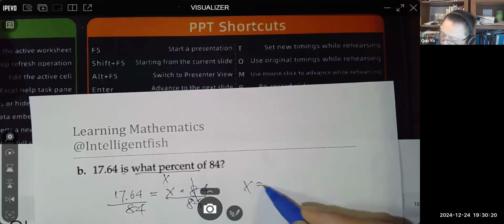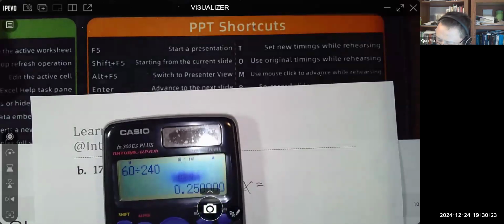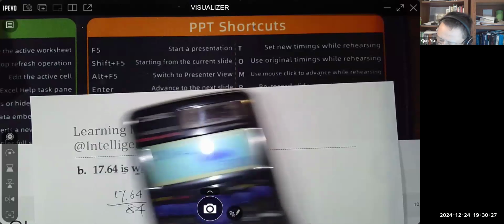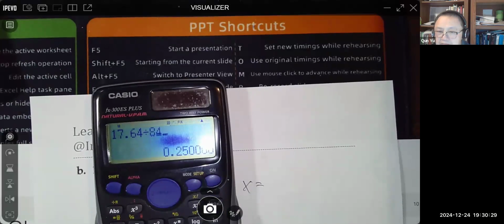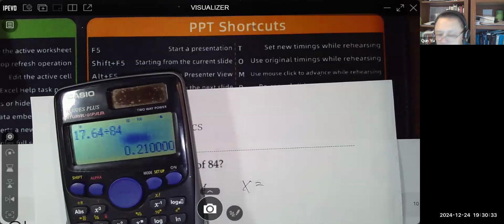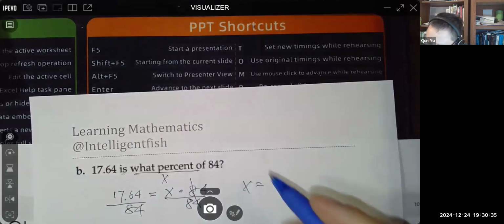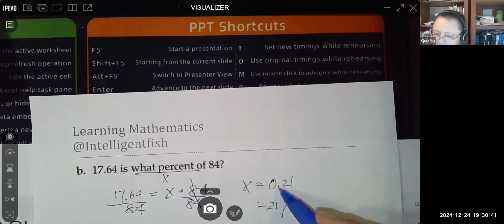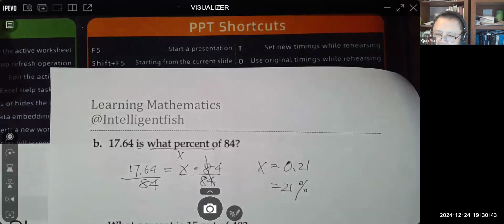X equals 17.64 divided by 84. Double check. We got 0.21. Nice number. Converted to percent is 21%. Again, we just need to move this decimal point to the right 2 places.